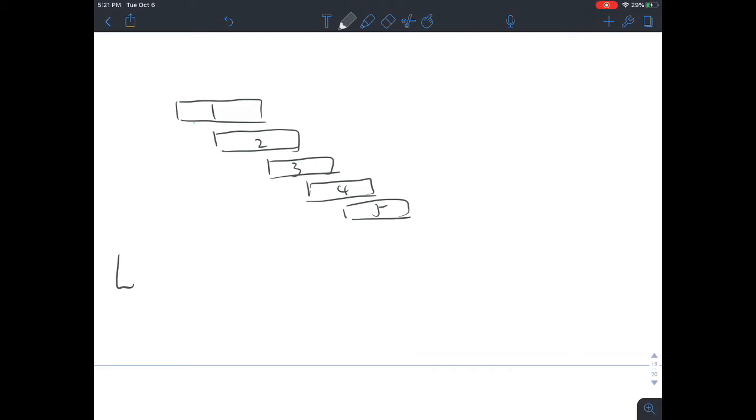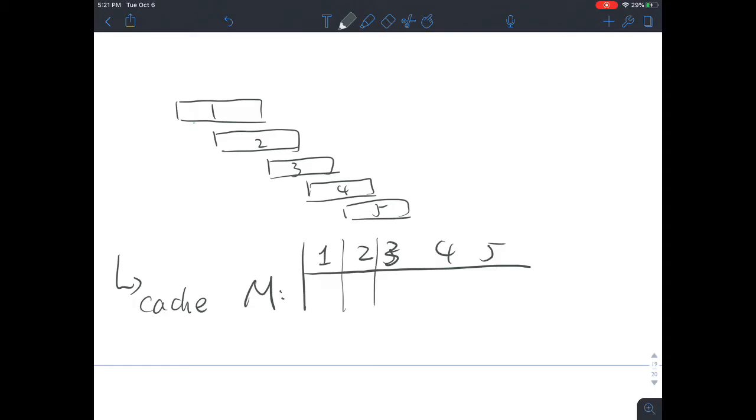In order to avoid that, the only thing we need to do is introduce the idea of caching. So I create an array. This array has 5 elements, 1, 2, 3, 4, 5, and I initialize the array to be all empty. Intuitively, I have two cases.